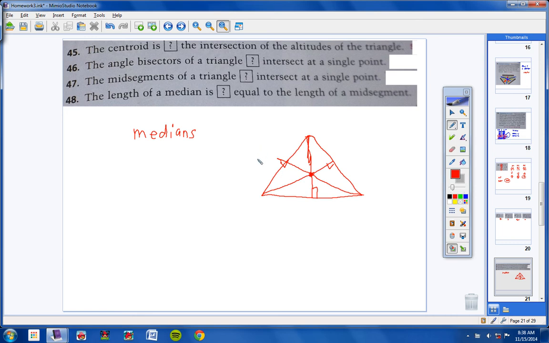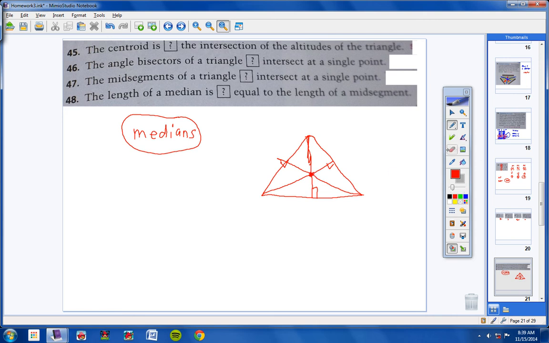Okay, the centroid is the intersection point of your medians. Now, since that's true, the only way that the centroid can be the intersection of the altitudes would be if your altitudes were your medians, and that happens in an equilateral triangle.